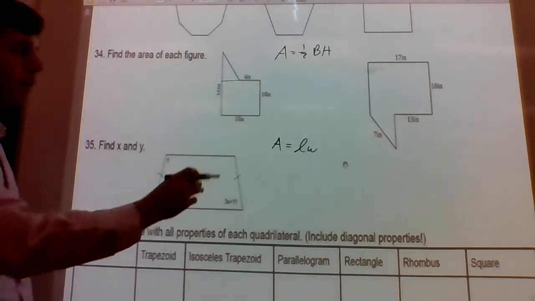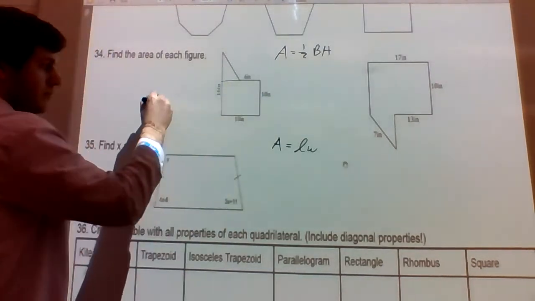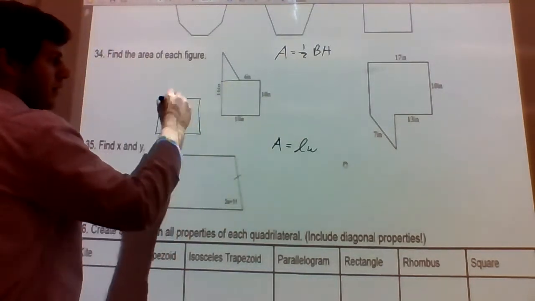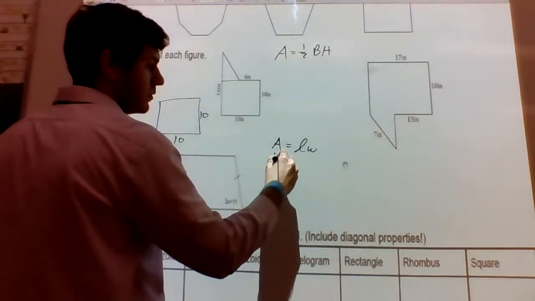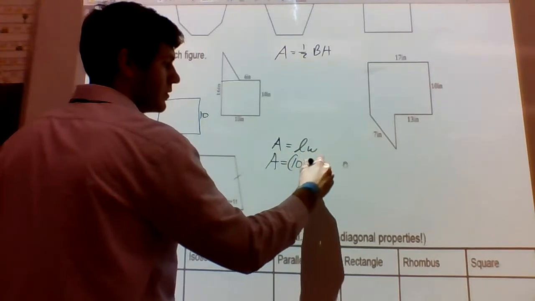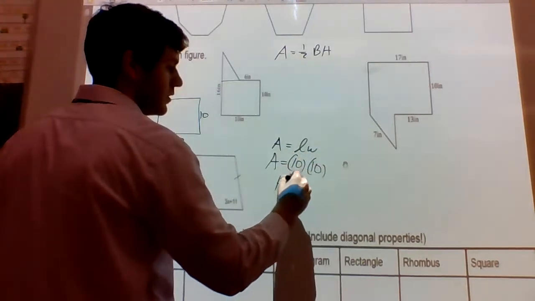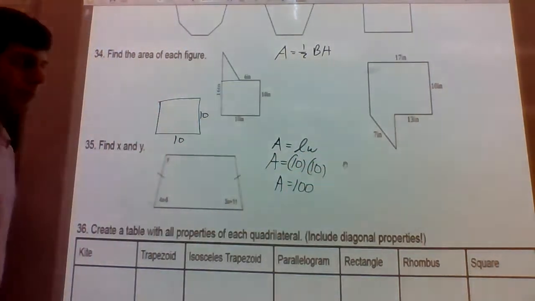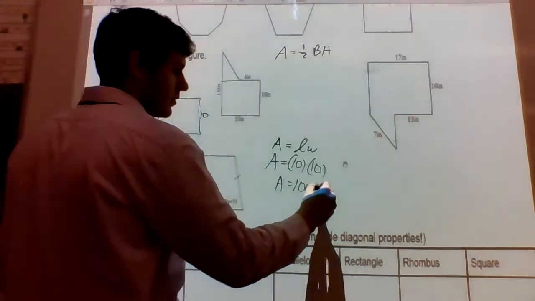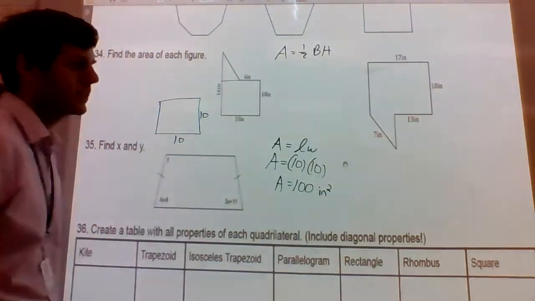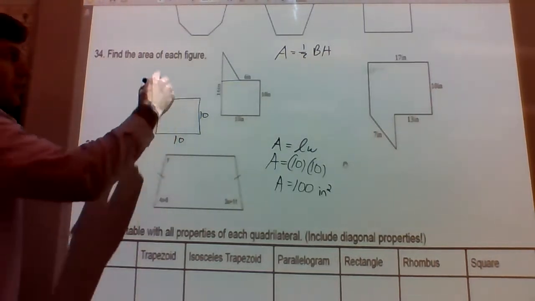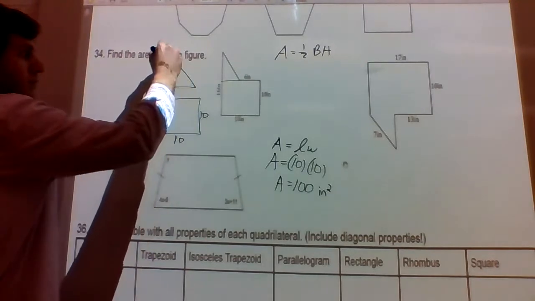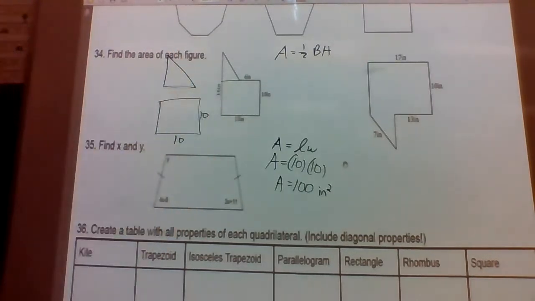The dimensions of our rectangle are 10 by 10. So we have area equals 10 times 10, which is 100 inches squared. We're also going to have a triangle. What are the dimensions of the triangle?